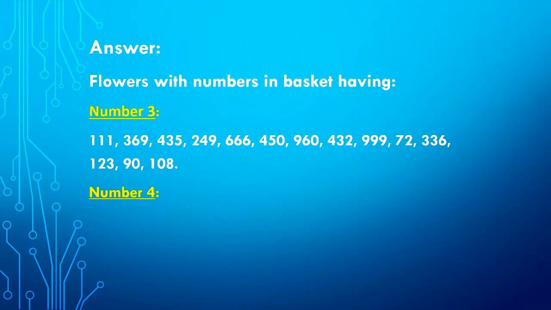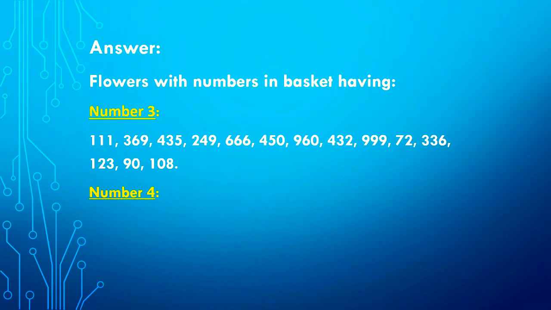Now, whenever you are checking the divisibility test for 3, for the numbers which are given here, you add the digits of those numbers, and the answer you get should be divisible by 3. It means that the entire number is divisible by 3.